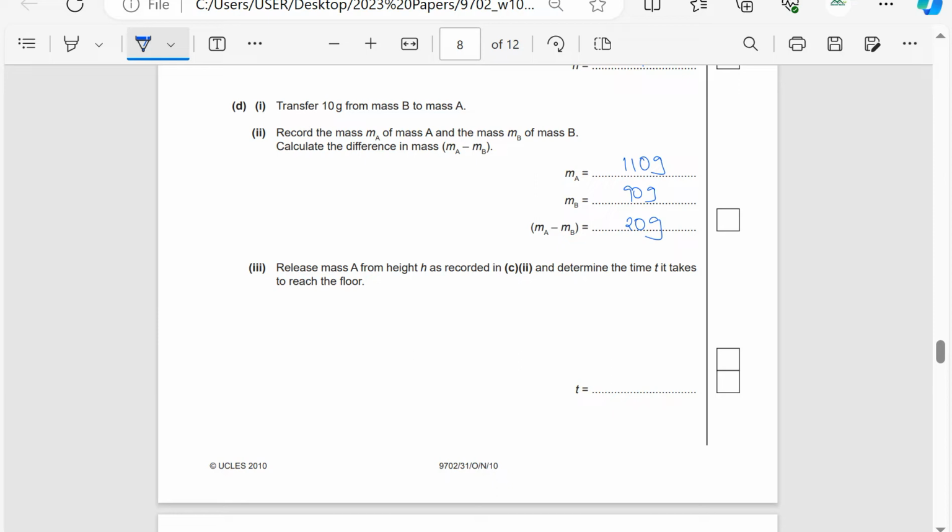Release mass A from height h as recorded and determine the time t it takes to reach the floor. So every time you take measurements for time, you draw a neat table to show repeated measurements.